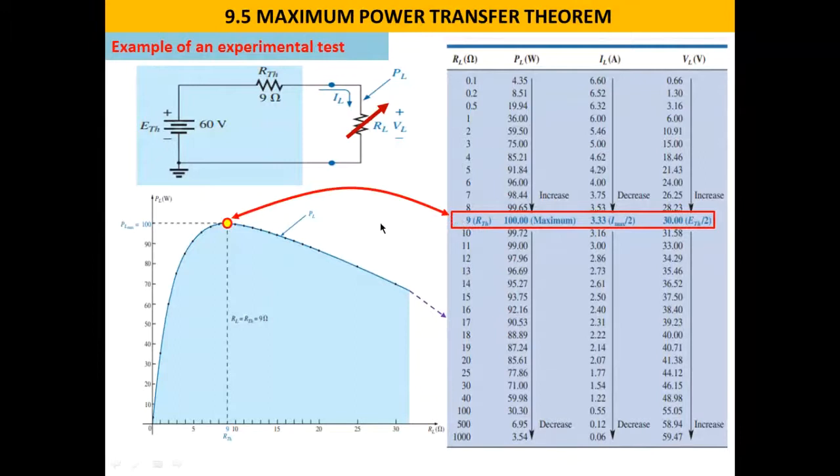So this experiment shows clearly which power is maximum and at which resistance value we will have maximum power transfer. And we have observed that 9 ohms corresponds to R Thevenin. So the condition to have maximum power transfer is to set RL equals R Thevenin.